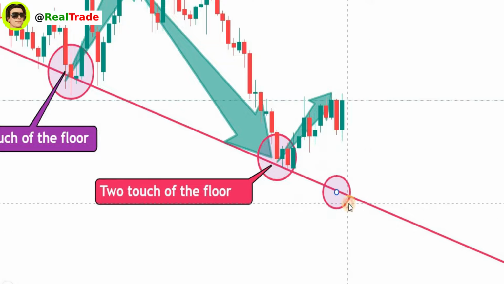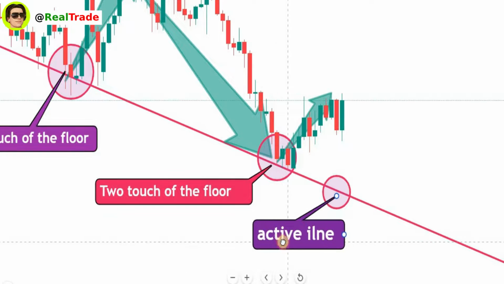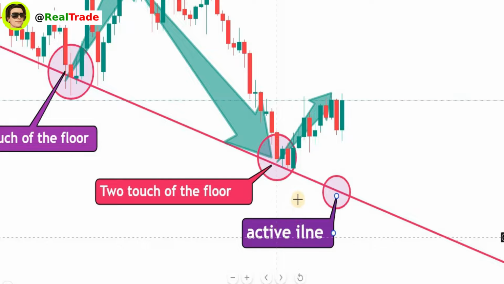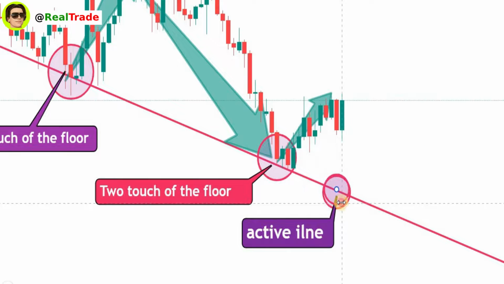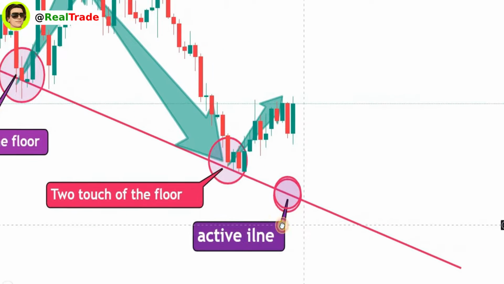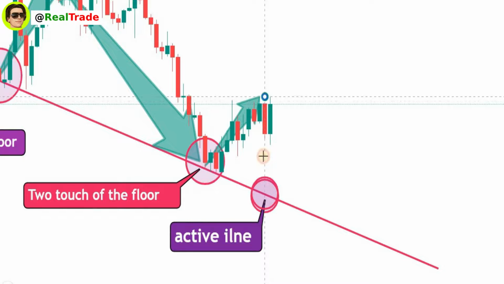At this point I wait for the third touch. Yes, this point. Look at the chart, please look at the chart.